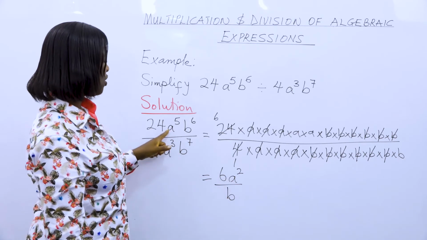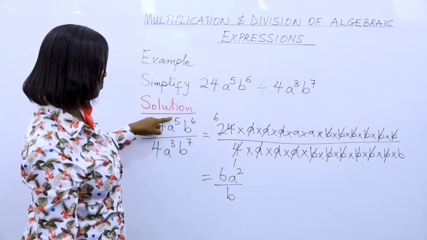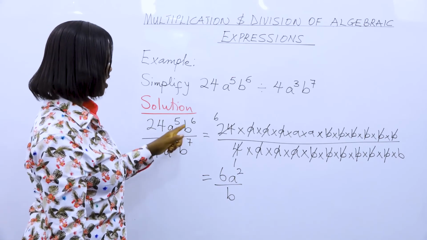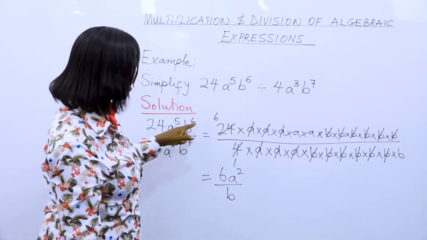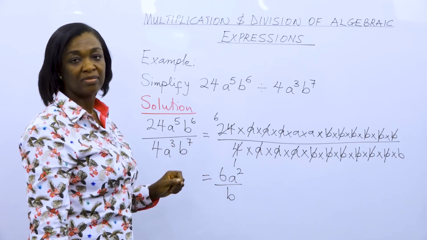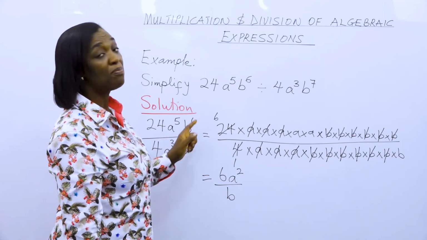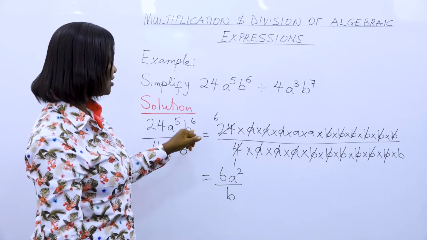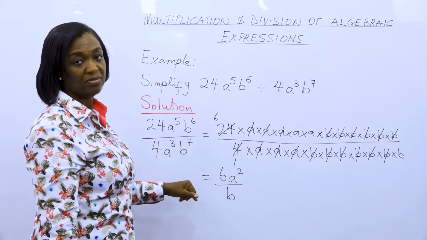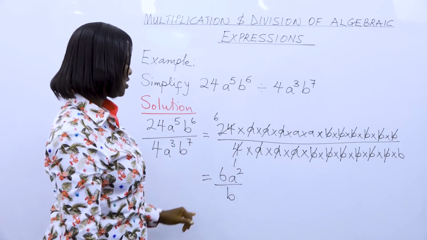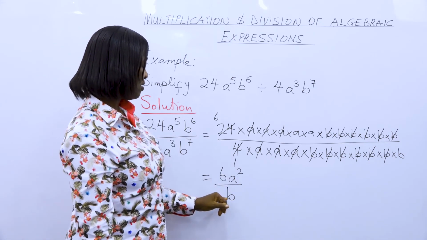The a squared will be on top, because you have more a's on top than at the bottom. Then here, it will be b to the power 6 minus 7. 6 minus 7 will be minus 1. So b to the power minus 1 actually means we have an extra b at the bottom. So the answer will be 6a squared over b.